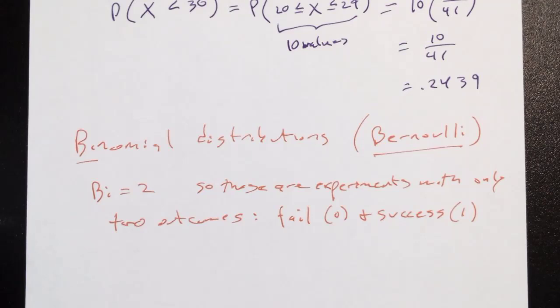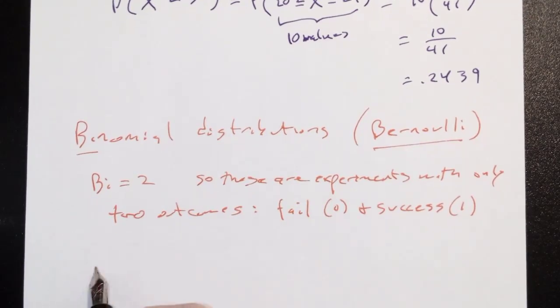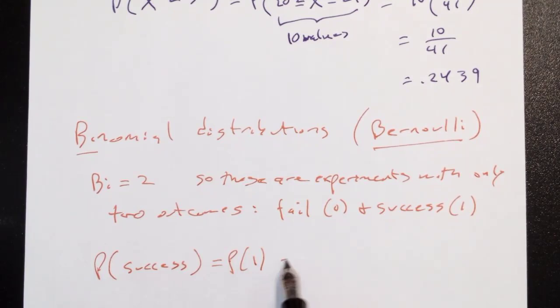Now, this means that there's some special number, the chance of winning. When you do this thing once, there's a chance of success. Probability of success, or the probability of a 1.